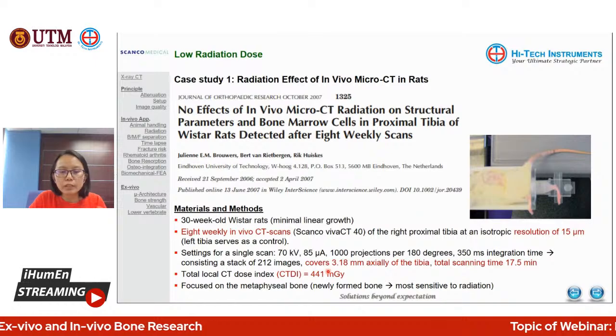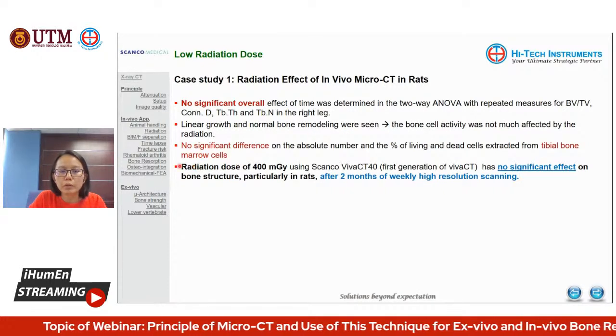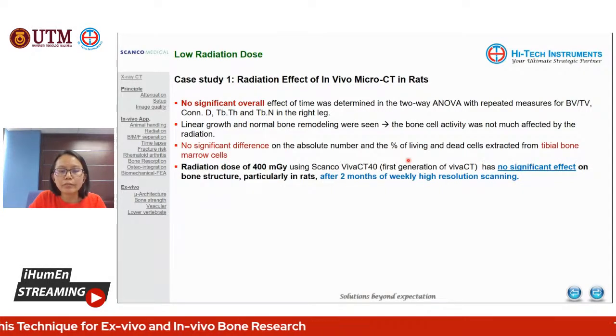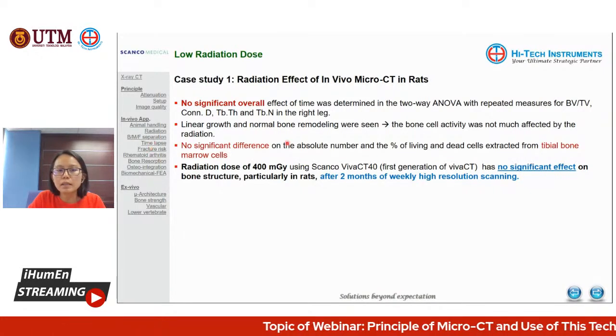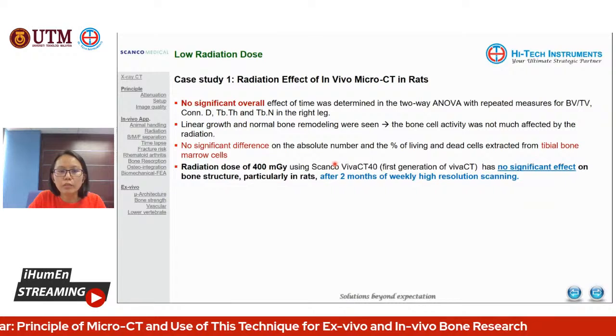So for this study, let me show you. Yeah, the marrow bone cells. They cultured the marrow bone cells to see the live and the dead cells after the animal was exposed to radiation. They claim that there is no significant difference in the absolute number of live and dead cells of the bone stem cell itself.